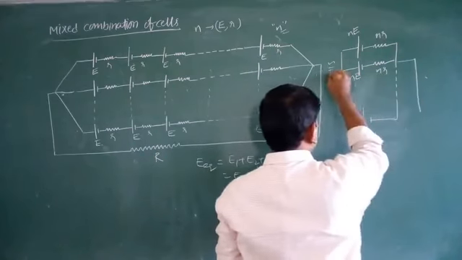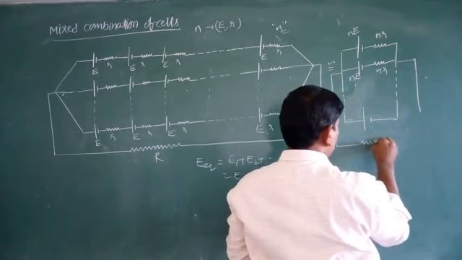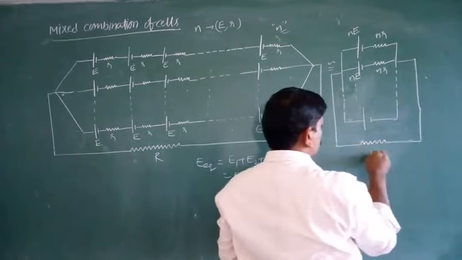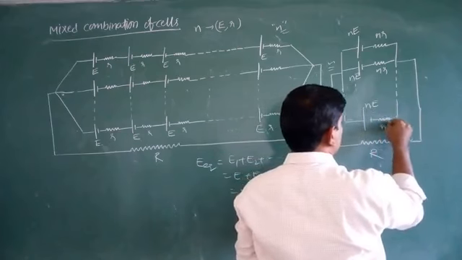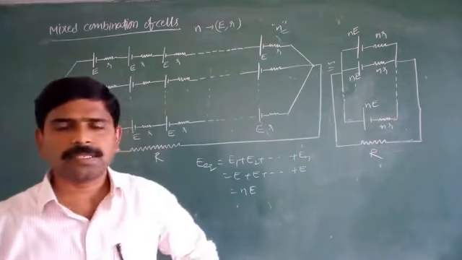This is connected to the external resistor capital R. Here NE and internal resistance is NR.